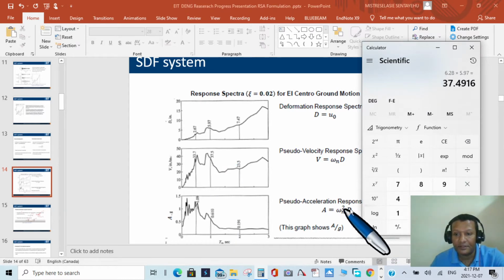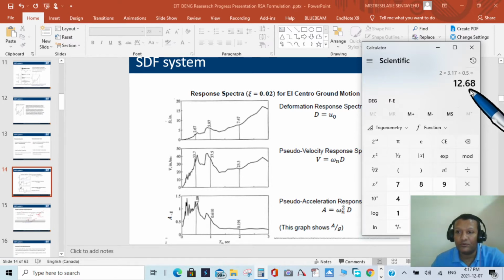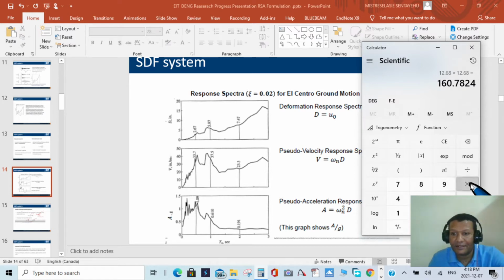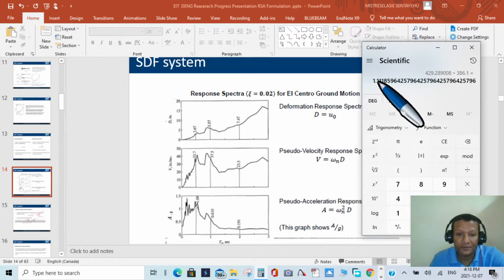So we have D, then omega squared. We have 2 pi over T, 0.5, okay, 12.67. 12.67 times, this is squared, 12.68, okay, this times 2.67, this one divided by, because this is in pounds, 386.1, 1.111.